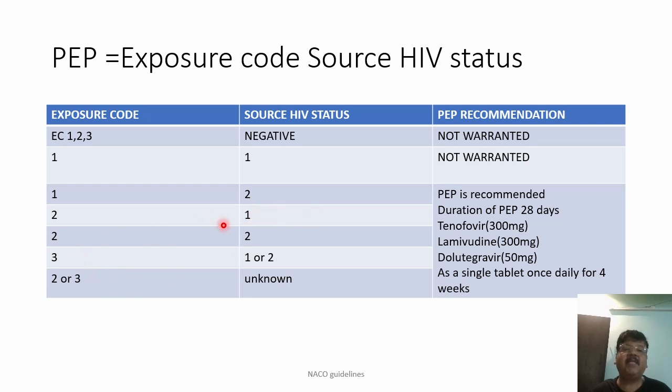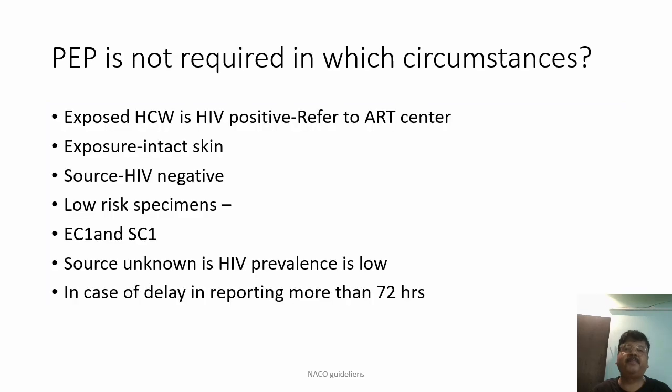In all these scenarios, post-exposure prophylaxis is recommended, and the duration is 28 days. Tenofovir 300 milligram, lamivudine 300 milligram, dolutegravir 50 milligram, given as a single tablet once daily for 4 weeks. So depending upon the exposure code and source code, the post-exposure prophylaxis recommendation is made.